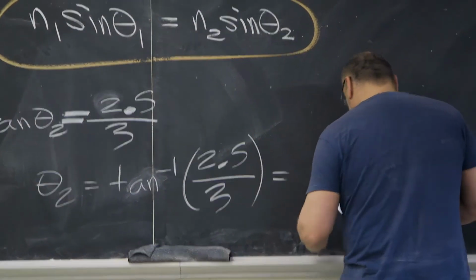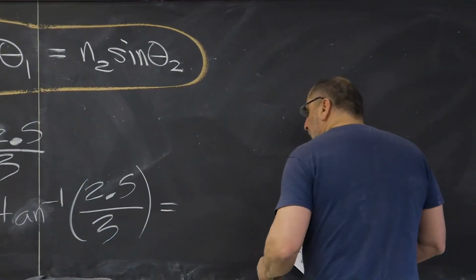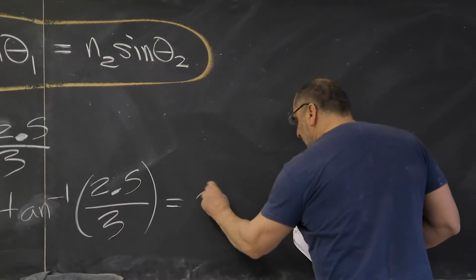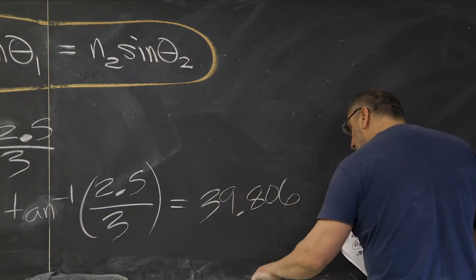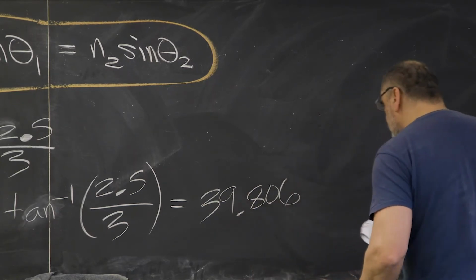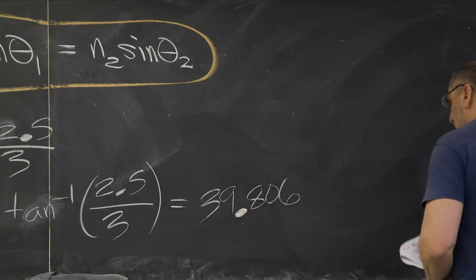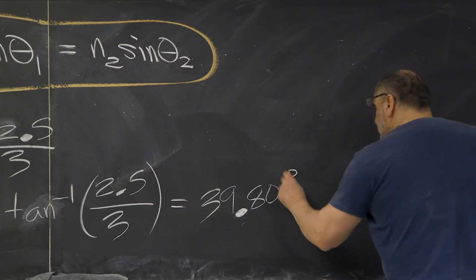When you do it, you end up finding, well, you didn't find the angle of incidence, you found theta sub 2, which is 39.806 degrees.